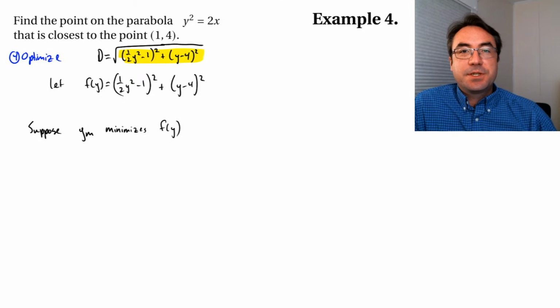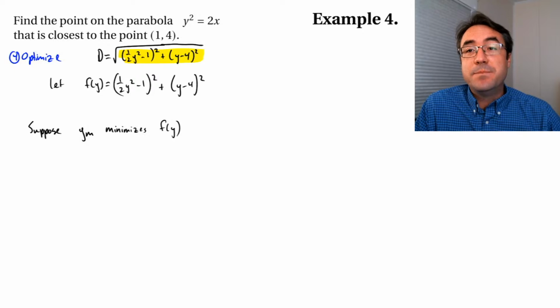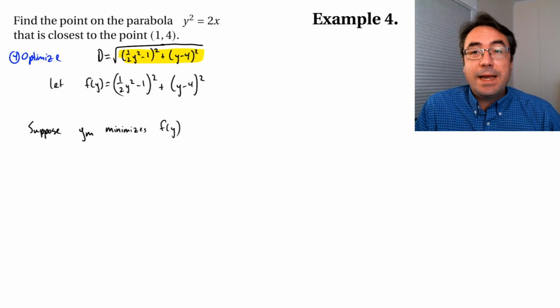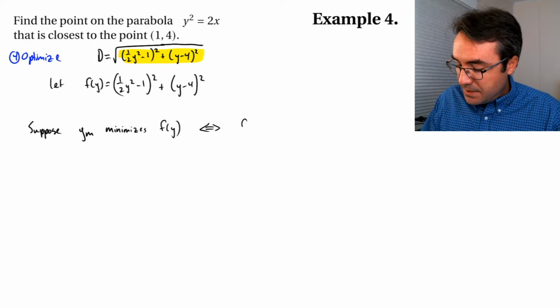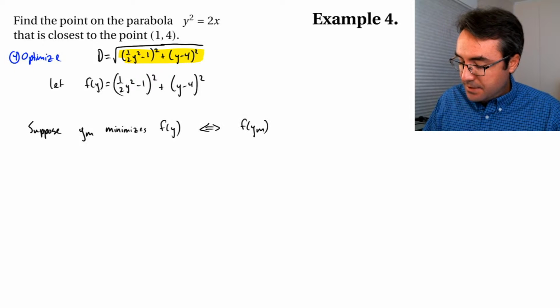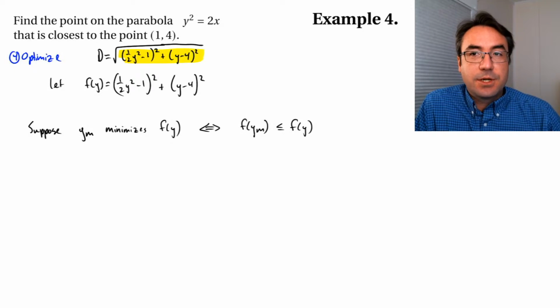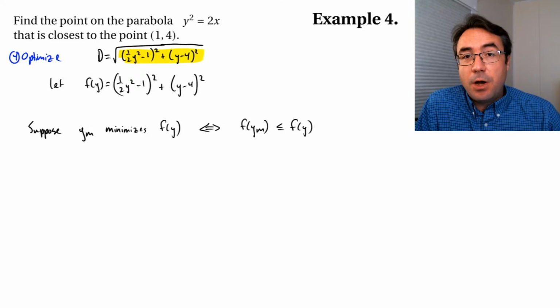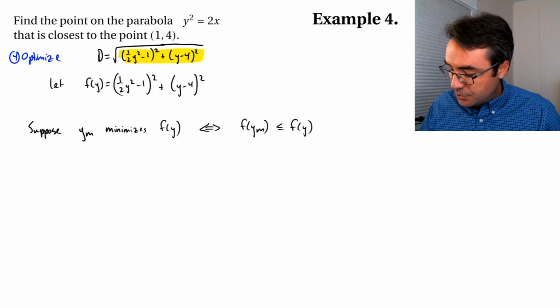So suppose we just consider this easier, simpler function, and we figure out the y value that minimizes it. So ym, what does that mean? Well, it means that when we plug ym into this inner function, it's smaller than all of the other values of our function. So it's the smallest value of our function. That's what it means to be minimal. So this is true for all y.